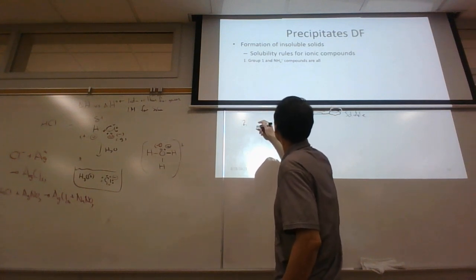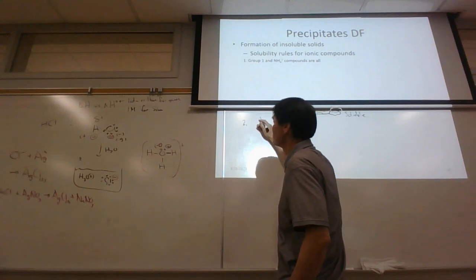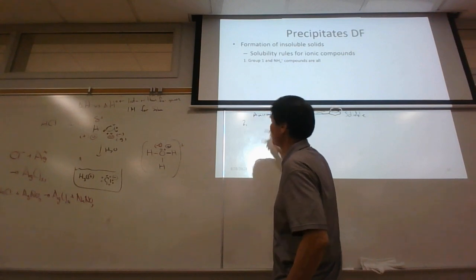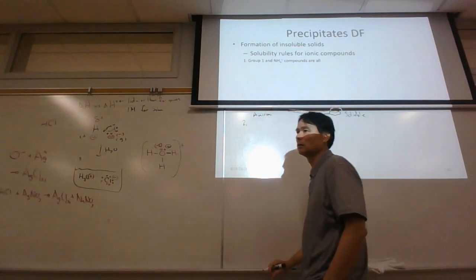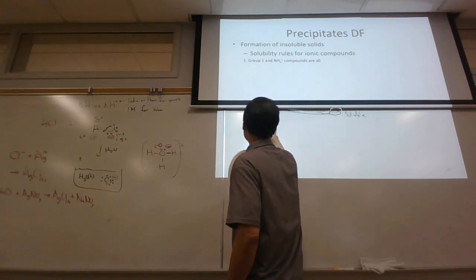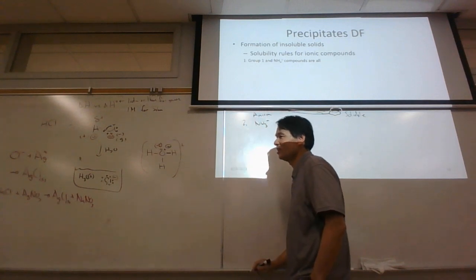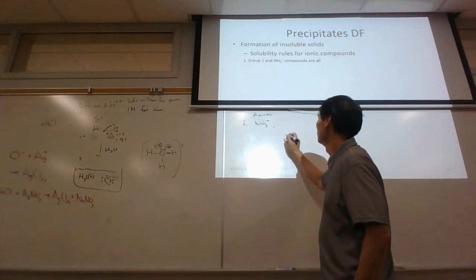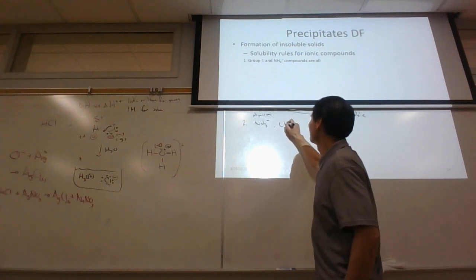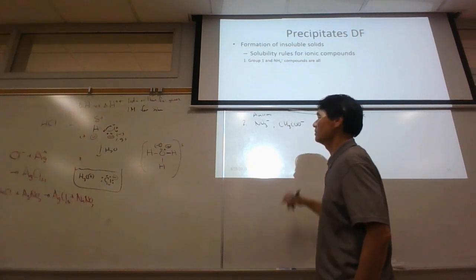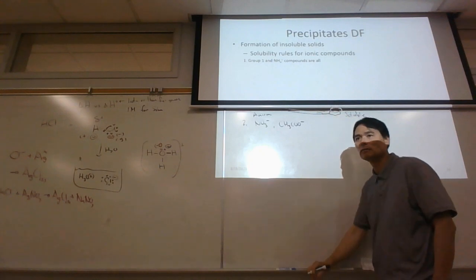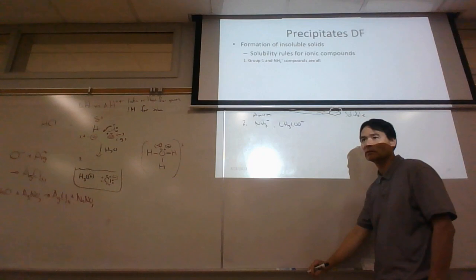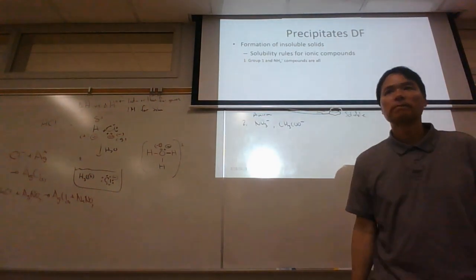Okay, after group 1 and ammonium compounds, we start looking at anions. The first set of anions are NO3 minus, which is called nitrate, and CH3COO minus. You recognize that one?